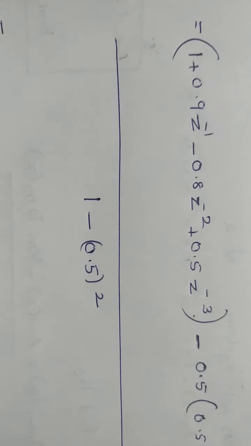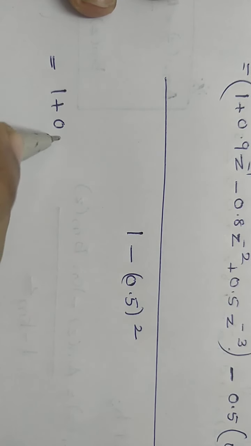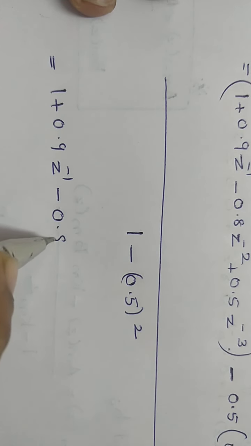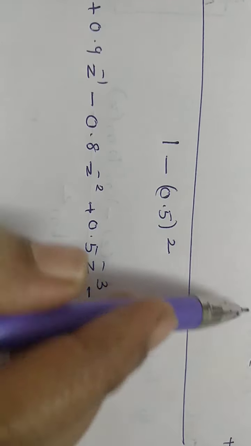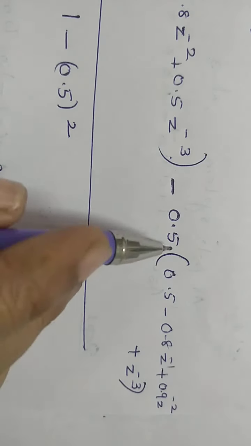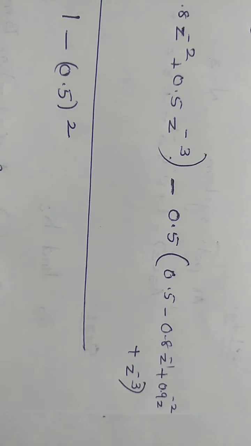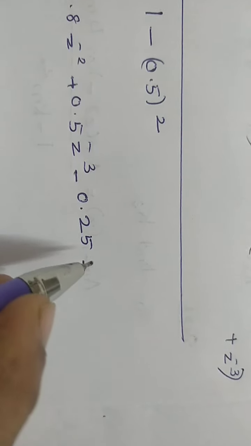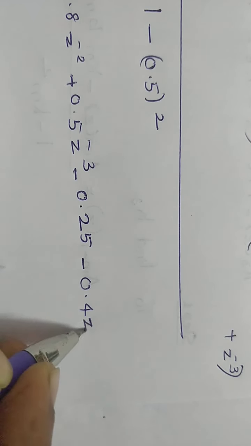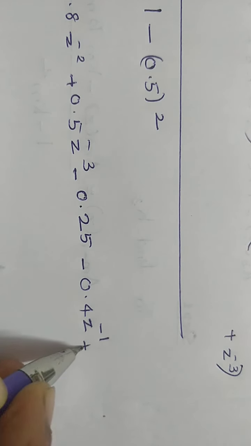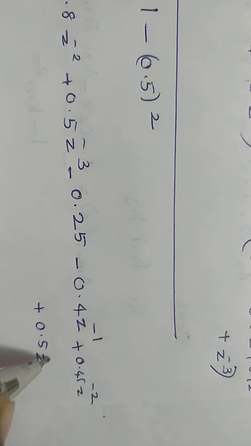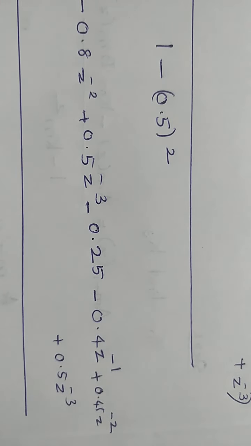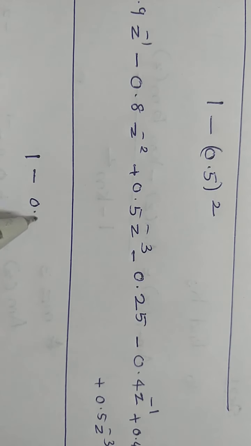Which is equal to 1 plus 0.9 z raised to minus 1 minus 0.8 z raised to minus 2 plus 0.5 z raised to minus 3, minus, then multiply these whole terms, that is 0.5 into 0.5, 0.25, minus 0.8 into 0.5, 0.4 z raised to minus 1 plus 0.45 z raised to minus 2 plus 0.5 z raised to minus 3, whole divided by 1 minus 0.5 the whole square.